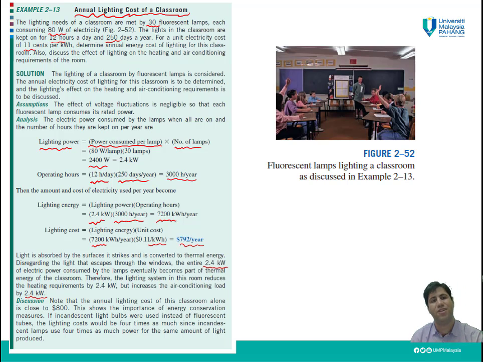If we imagine there isn't any loss of this light energy from the windows, and all of the radiation energy by the lamp is absorbed by the glass, it means 2.4 kilowatt will be added to the energy, or thermal energy, of the system.